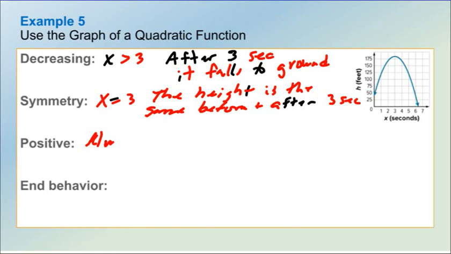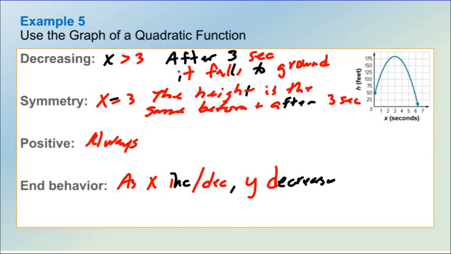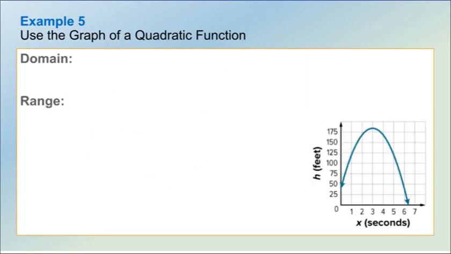Positive, it's always, because you can always have a positive height. In the end behavior, as x increases and decreases, your y decreases. Then we have the domain.